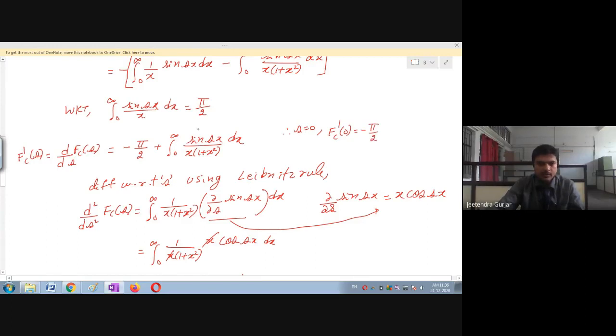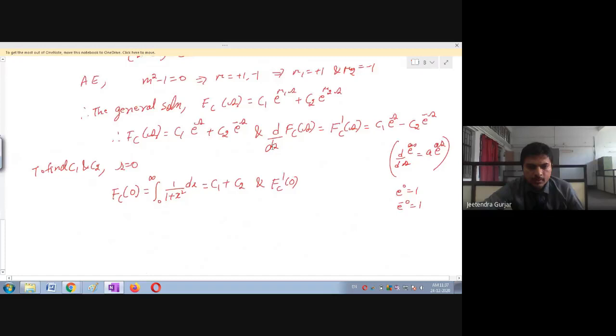Is it clear? So now you can see plus integral 0 to infinity sine 0 upon x into 1 plus x square dx. Sine 0 is 0, and this full term will become 0. So therefore f dash 0 is nothing but, students, minus pi by 2. So I will substitute here. This is equal to minus pi by 2.